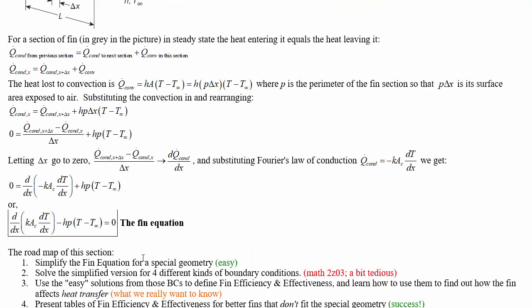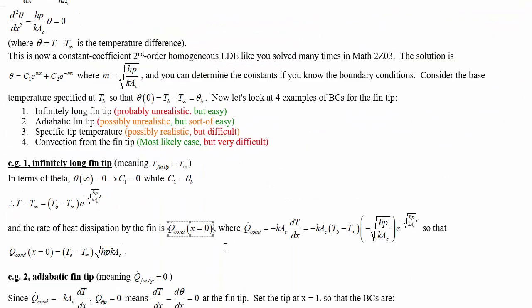Now the heat transfer from conduction is negative kA dT/dx. So we need to take negative kA dT/dx and then substitute x equals 0 into that using the temperature that we just had. So this is the temperature distribution, but again, what we're more interested in is the total heat dissipation by the fin.